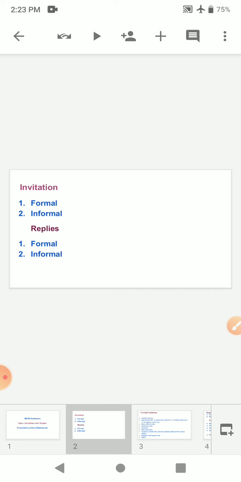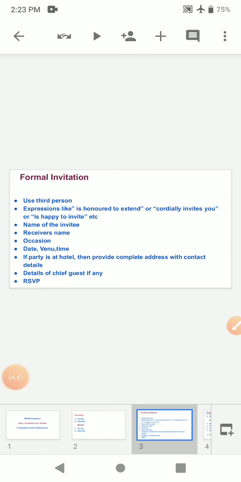But then we have informal situations, which means you know the person personally, so you send informal invitations to personally known people.